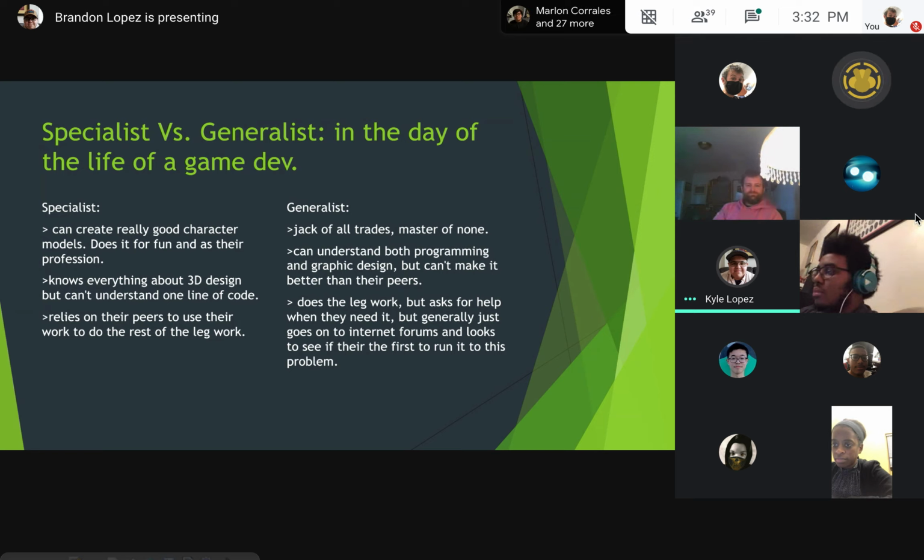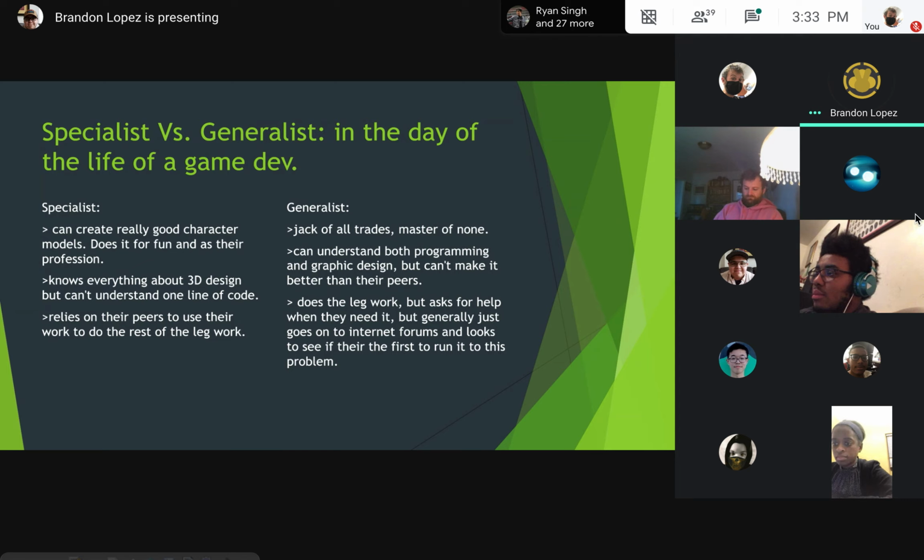However, on the other hand, we have a generalist, someone who's good at everything, but they're not exactly the best. They can understand programming, they can understand modeling, they can understand a piece of everything, but they can't make it better than their peers. Which is why specialists are great around generalists, because if a generalist is trying to make something, a specialist is always there to tell them this is what you should do, and you can make it better by doing this.